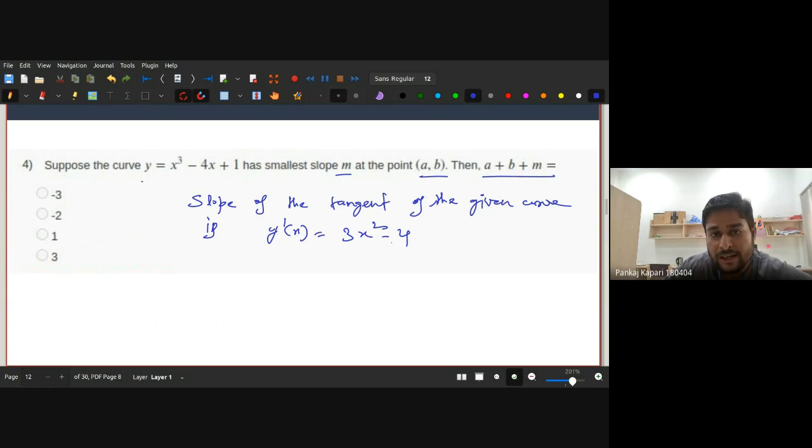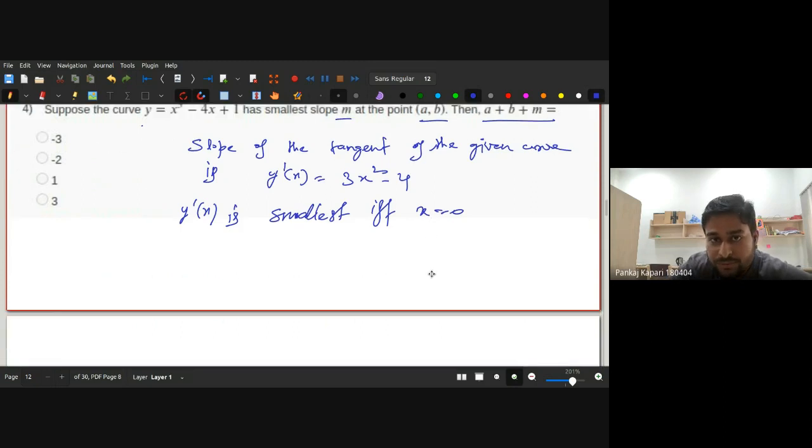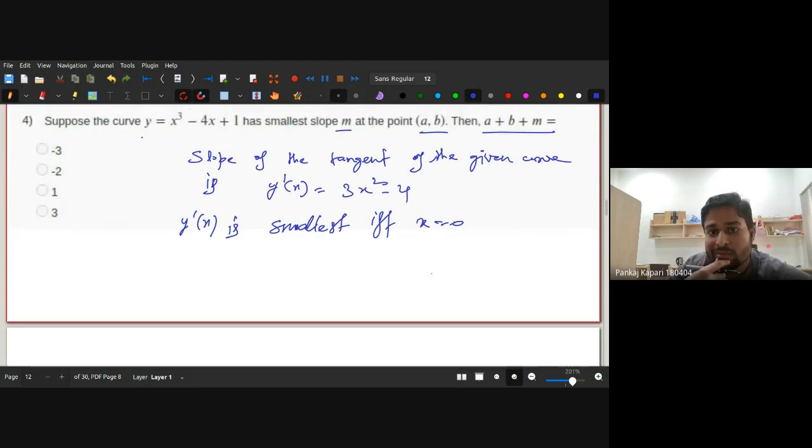Okay, and we have to find the smallest slope. That means we have to find when y prime x is smallest. So y prime x is smallest or minimum if and only if x is equal to 0, right? So at x equal to 0, what is y?